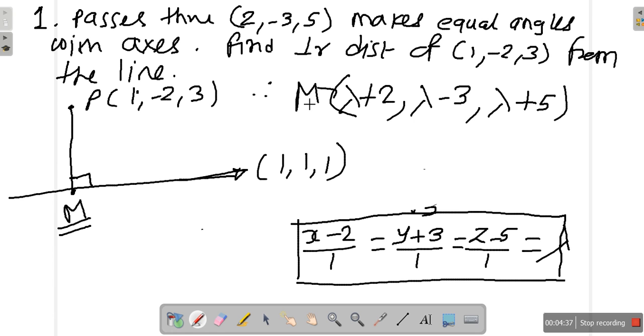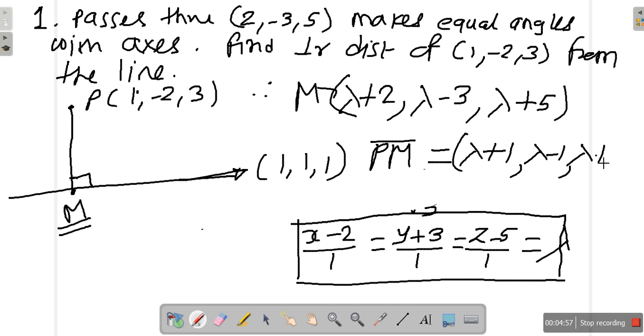PM bar will be M bar minus P bar. So lambda plus 2 minus 1, that is lambda plus 1, lambda minus 3 minus minus 2, lambda minus 1, and lambda plus 5 minus 3, lambda plus 2. So this is PM bar.